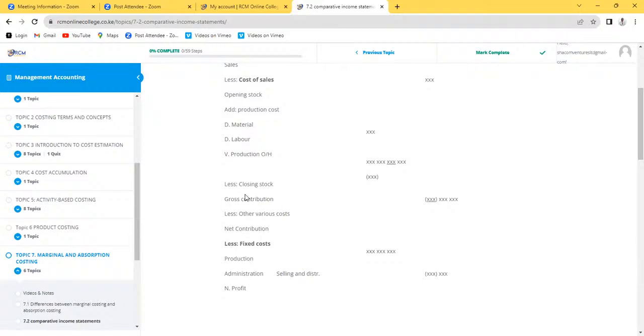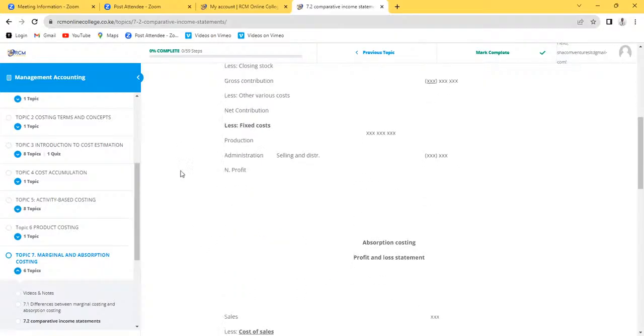Then you get what we call gross contribution. Less other variable costs, or non-production variable cost, and you arrive at net contribution. Once you get your net contribution, you less fixed production costs, then fixed non-production cost, for you to be able to arrive at your net profit.